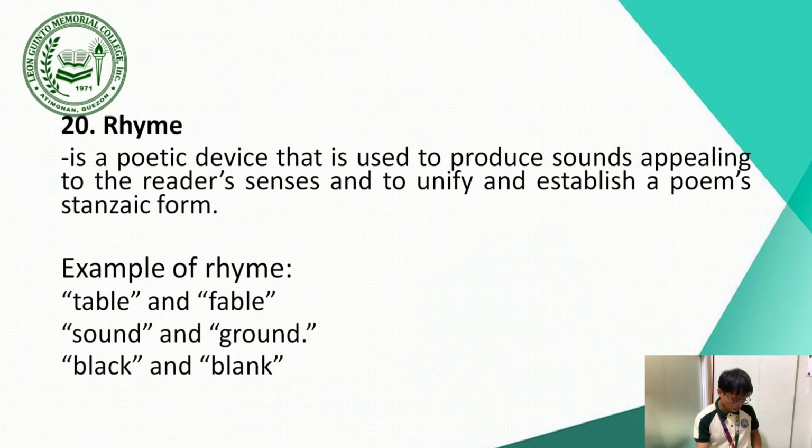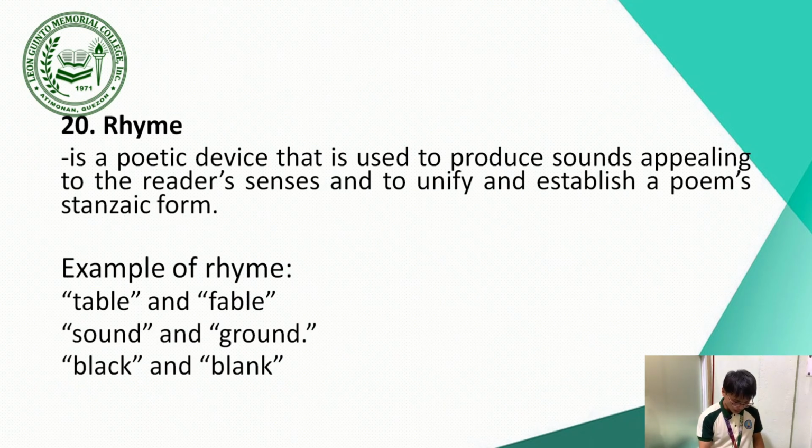Next poetic device is rhyme. When most people think of rhyming words, they tend to think of what's called perfect rhyme, in which the final consonants, final vowels, and the number of syllables in an ending word match completely.